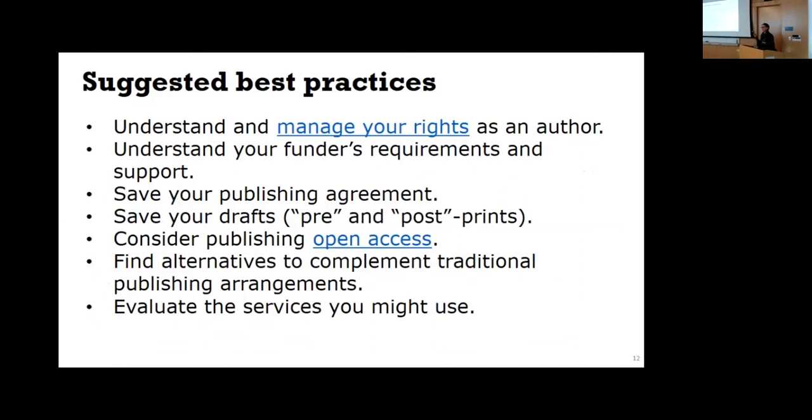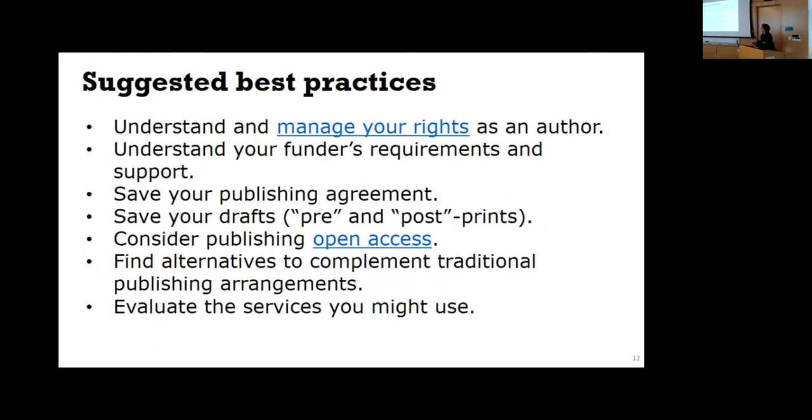So I'm just going to wrap up with my summary of best practices here, which are: manage your rights, listen to Amy, do what she said, understand the requirements of your source of funding, hang on to your publishing agreements, hang on to these key versions of your papers, the preprint, the postprint, and the publisher's PDF, and identify them as such so that six months from now, you know which thing can be used for which purpose.